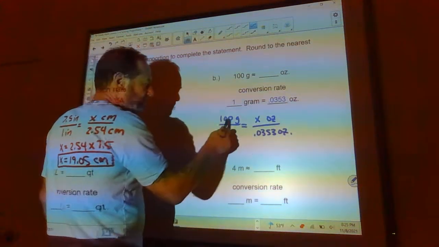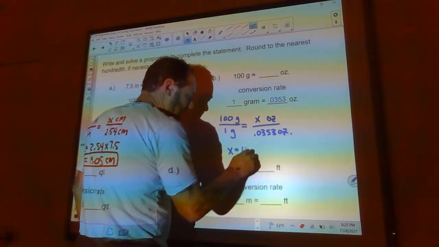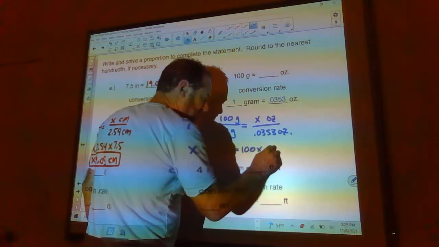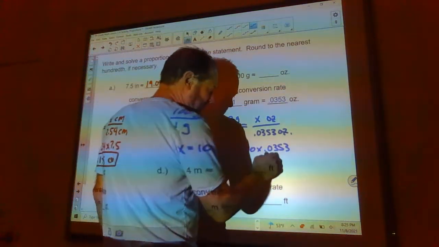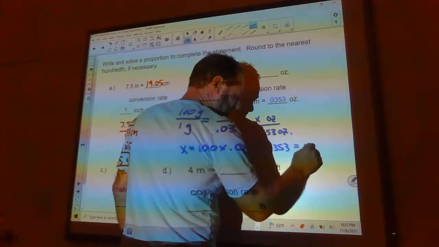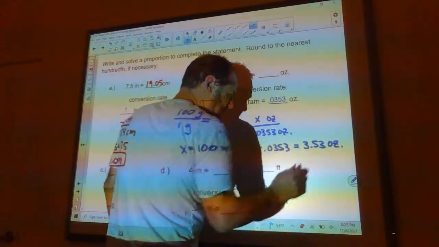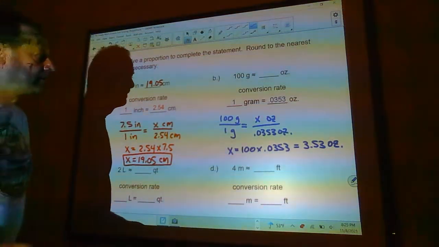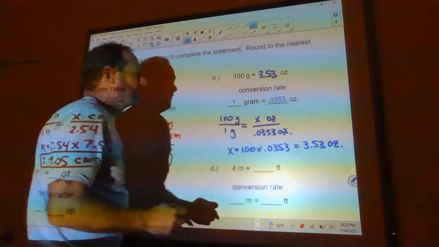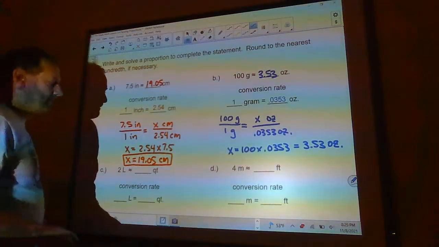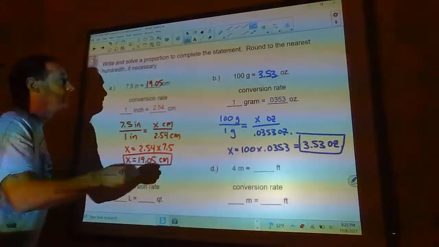And now I just have to multiply those two, and I don't have to divide by the 1. So x is going to be 100 times 0.0353, which I don't even really need a calculator for. I just move the decimal 2 places. That's 3.53 ounces. So I can go put that right here. Always show your work, right?